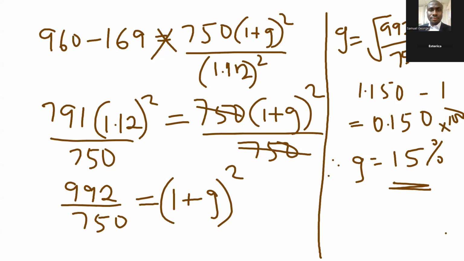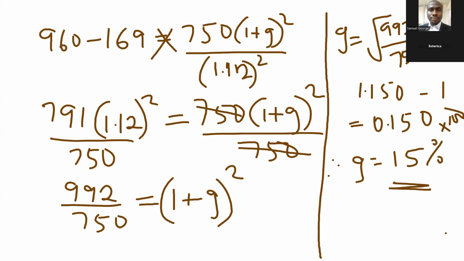Okay, and I would also like to refer you to some other ICAN question that speaks to convertible bond. The diet is May 2017, question 4.